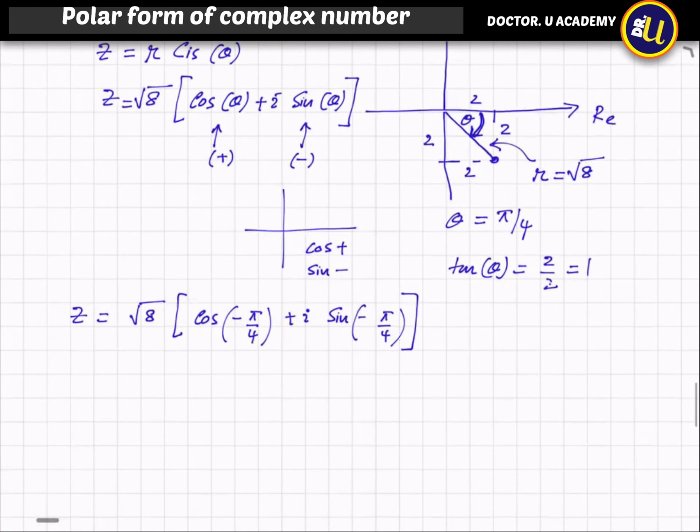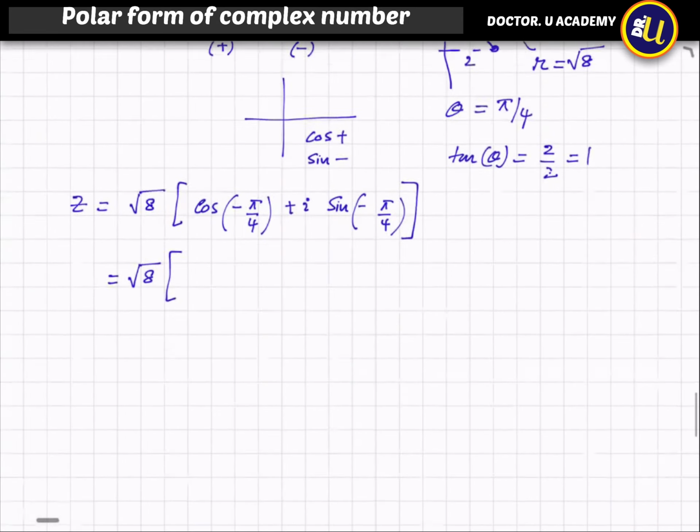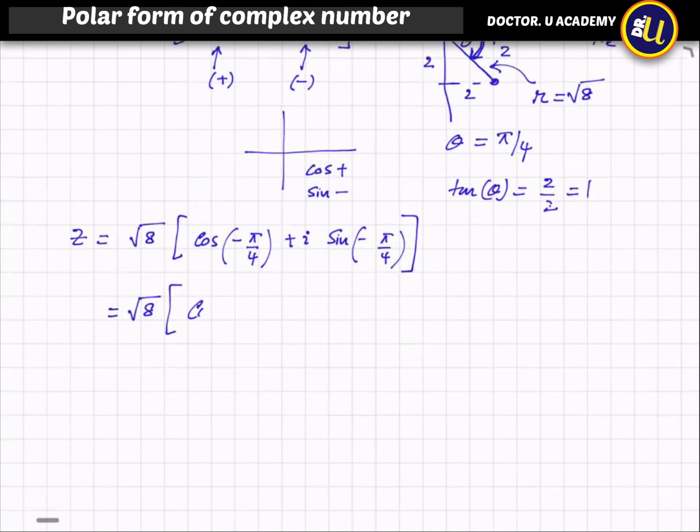So now we know cos is an even function. Using that knowledge, cosine of minus pi divided by 4 is nothing but cosine pi divided by 4. Why? It's an even function. Sine is an odd function, so the minus sign comes out, so minus i sin pi divided by 4.